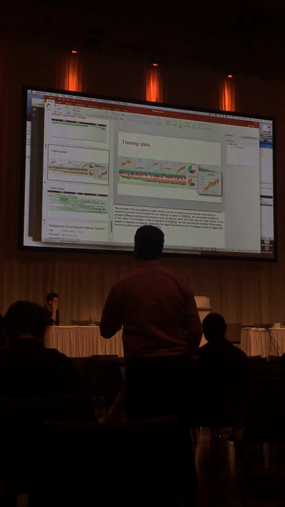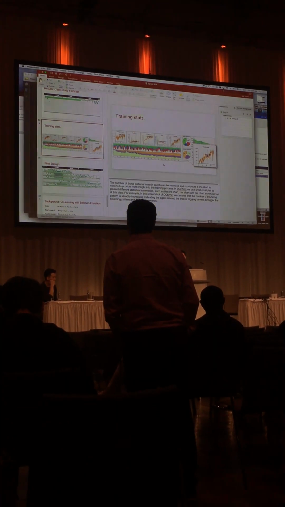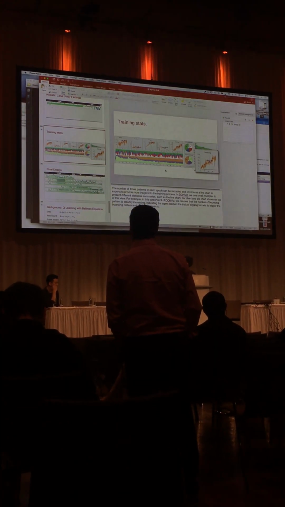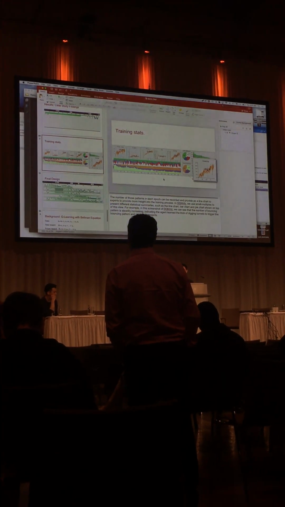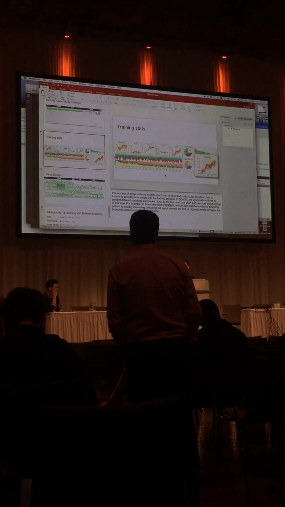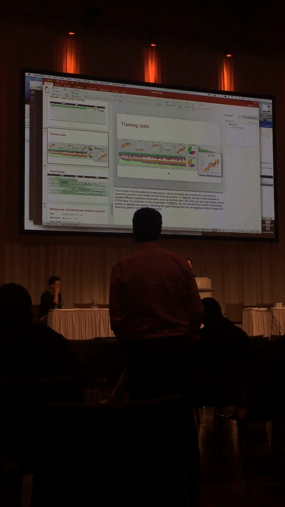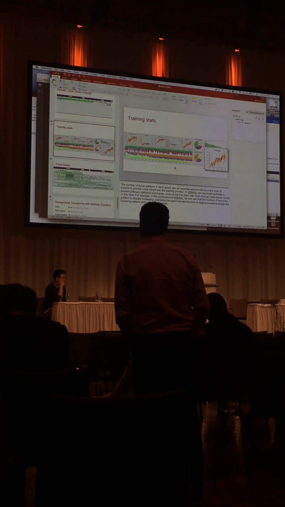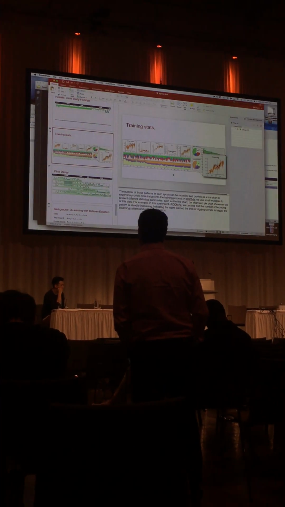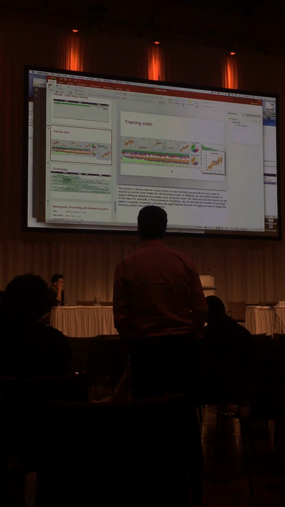Yeah, this slide shows what we did. We have the interface summarize the changes of the rewards, Q values, the life loss, and the number of games, this kind of stuff. But I didn't have time to show that. And you can even customize what kind of measure you want to have.